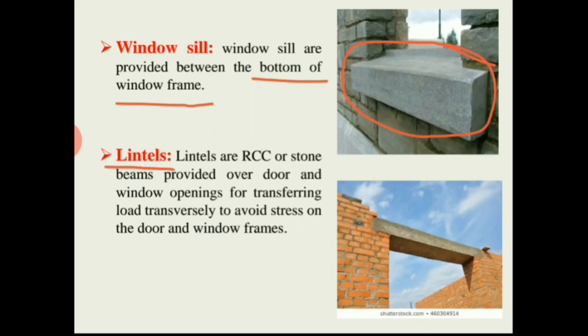Basically the lintels are RCC or steel beams provided over the door and window opening for transferring the load to avoid stress on the door and window frame. You can see this is the lintel level.